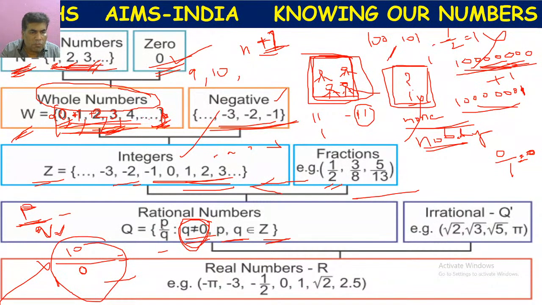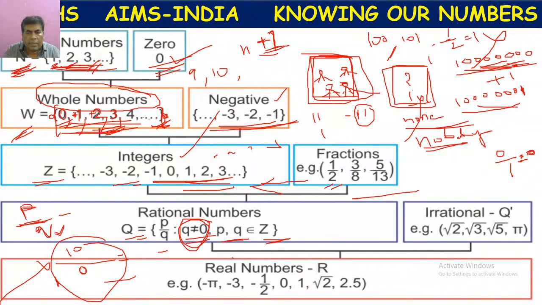Means P and Q can take any integer value. Minus 3 by minus 2, minus 1 by 4. Like that we can take any number. We call them as rational numbers.